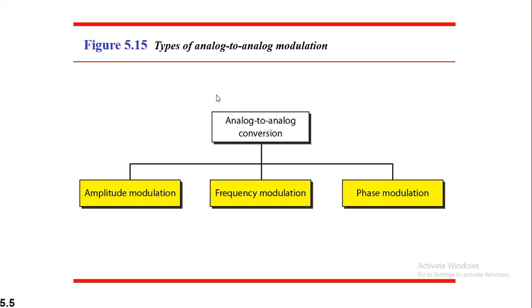The same way, by varying amplitude, we can generate different signal elements. By varying the frequency, we can generate different signals, and by varying the phase, we can generate different signals. Once these signals have been generated, they are passed through a communication channel and sent to the destination.